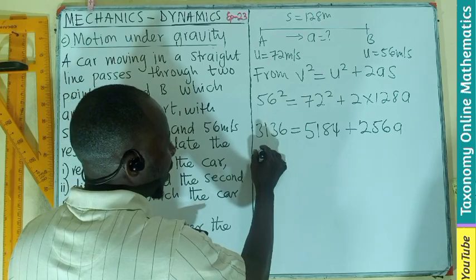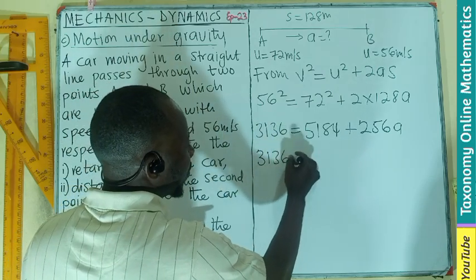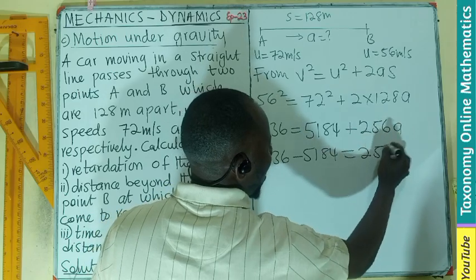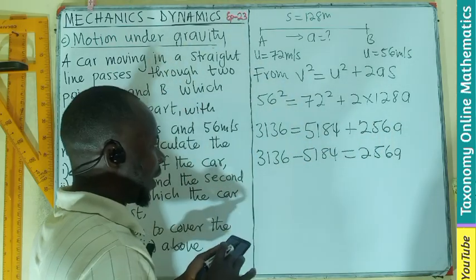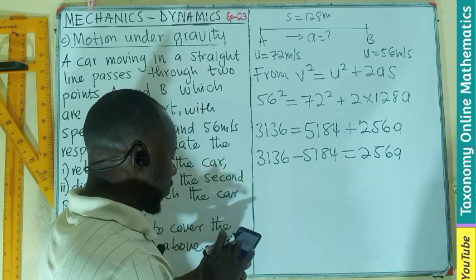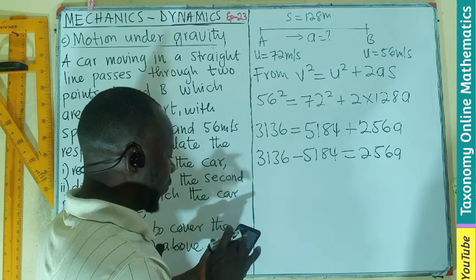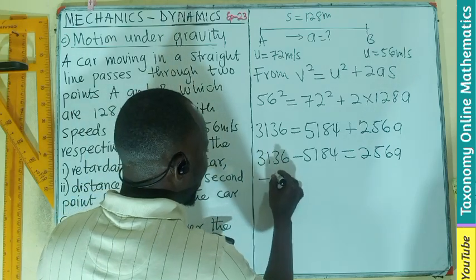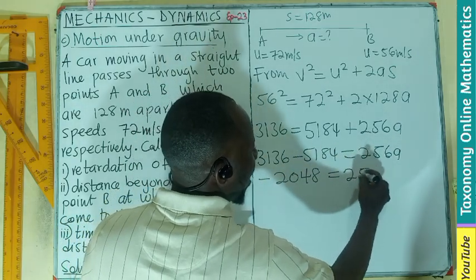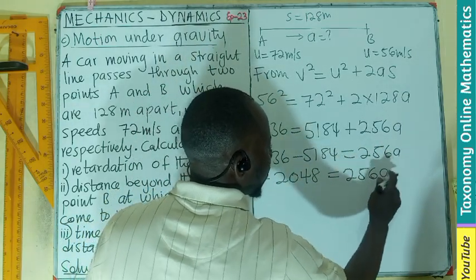Let's do the grouping of like terms. We still maintain 256a. If you subtract 3136 minus 5184, you should have negative 2048 equals 256a.